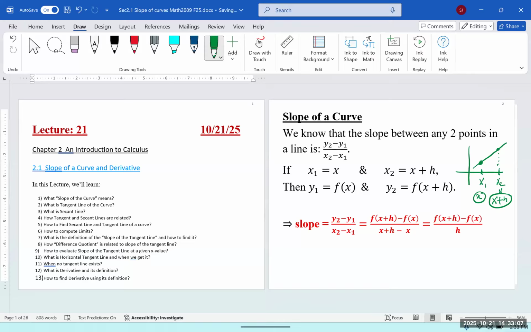Our y1 is f of x, and this point here is y2, which is f of x plus h.